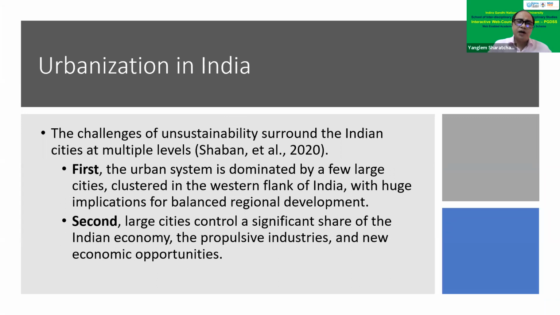Then certain challenges are there when we talk about urbanization in India. We know how urbanization happened. We will also discuss more on the evolution of the meaning and the concept of different categories of urbanization in a few minutes. First challenge: if you look into the urban system in India, most of the urban area you will see in the western flank.